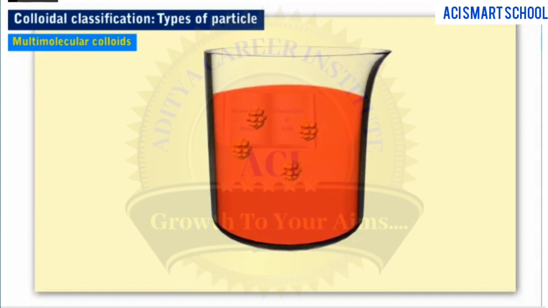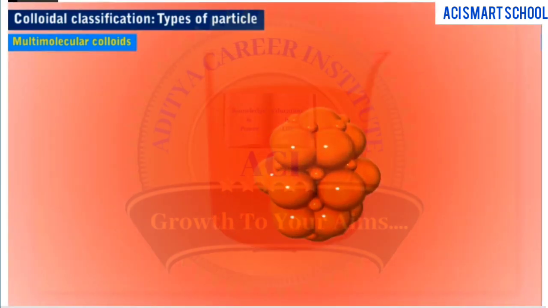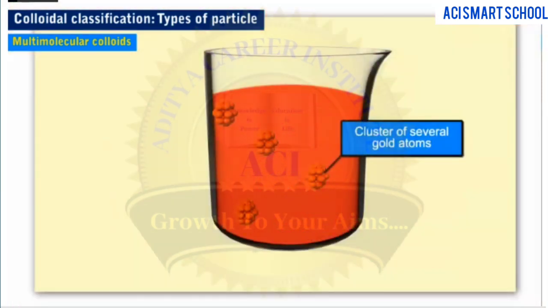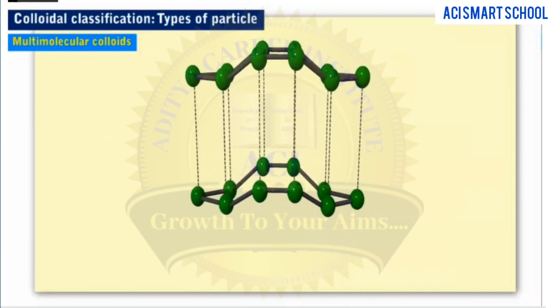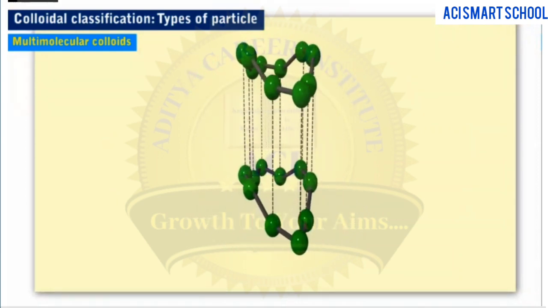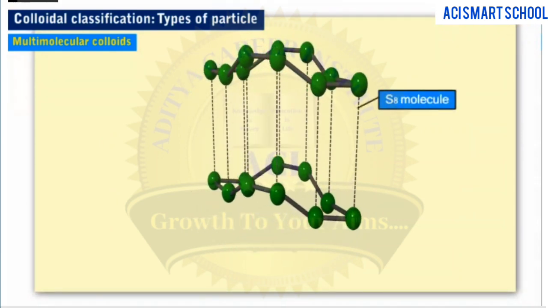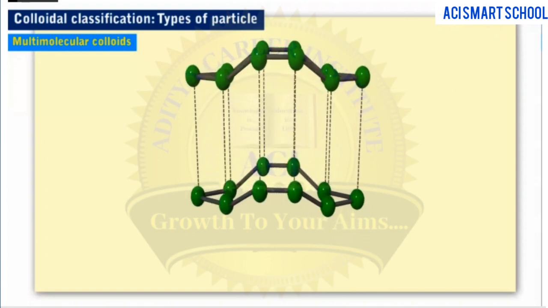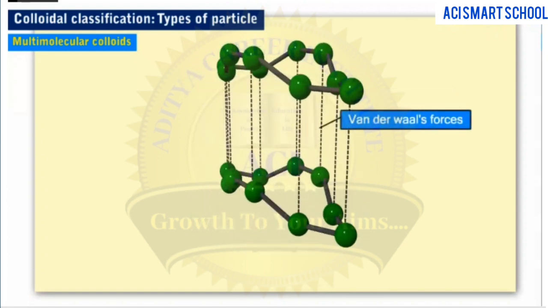For example, a gold sol consists of particles of various sizes that are a cluster of several gold atoms. A sulfur sol consists of colloidal particles that are aggregates of S8 molecules. These molecules in the aggregate are held together by van der Waals forces.